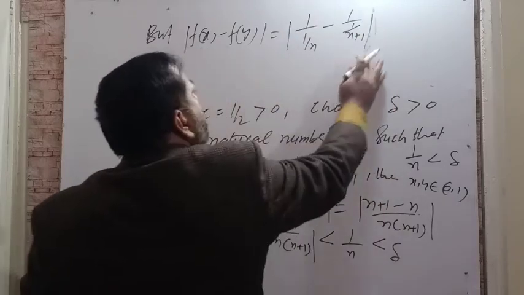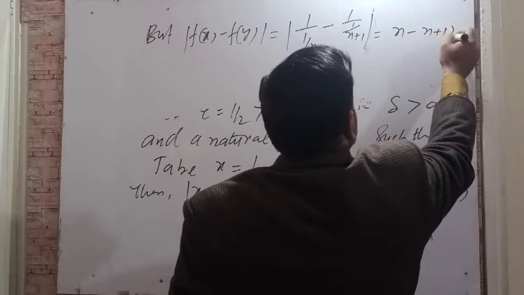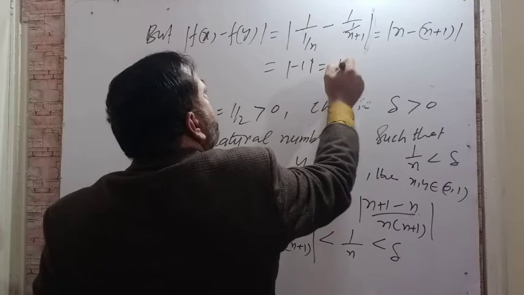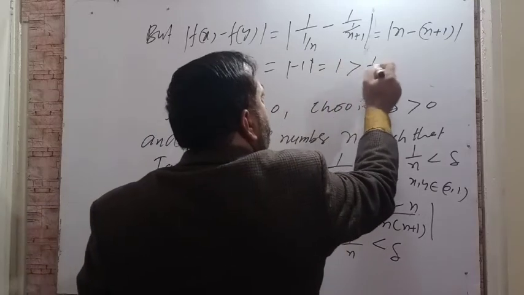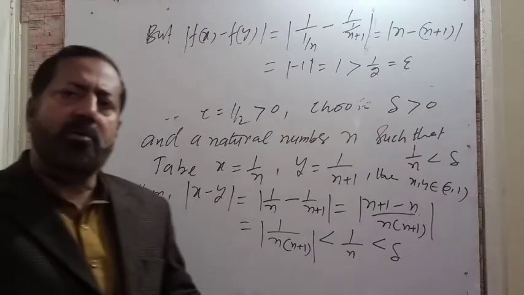And this is equal to n minus n plus 1, which is in fact |minus 1|. This is equal to 1, which is greater than 1 by 2. That was the epsilon. So you have chosen epsilon equal to 1 by 2.